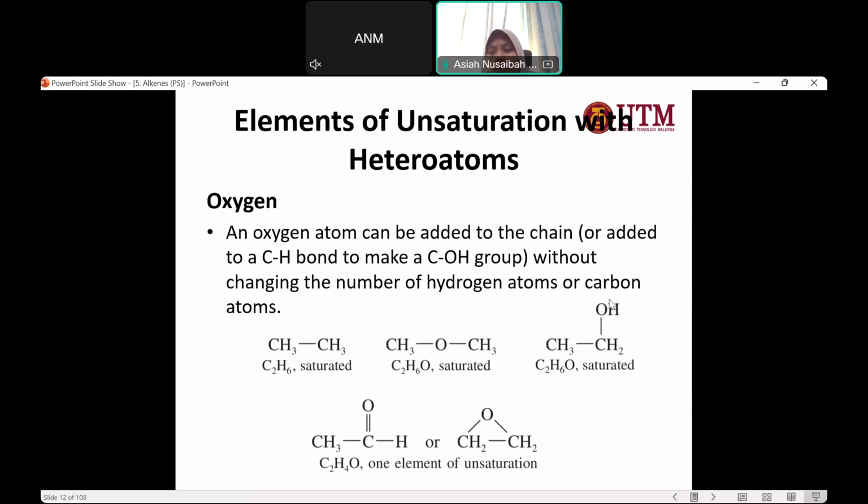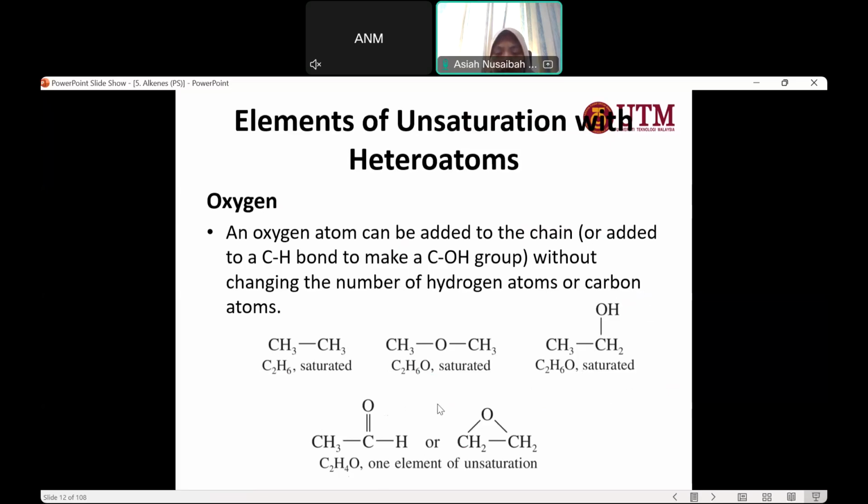There are two lone pairs, one with hydrogen, one with C. So it is also saturated. These top 3 structures are already saturated.